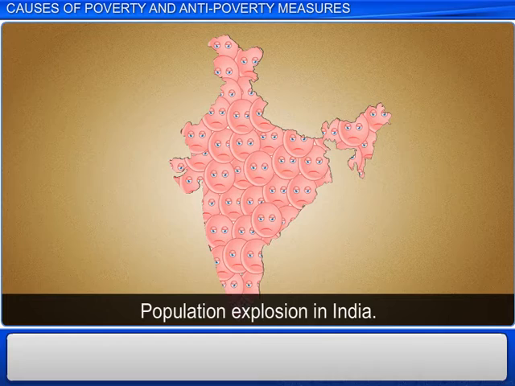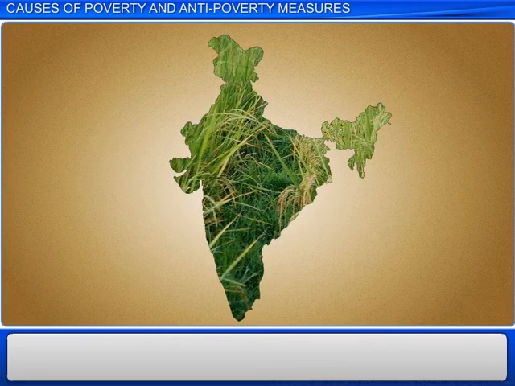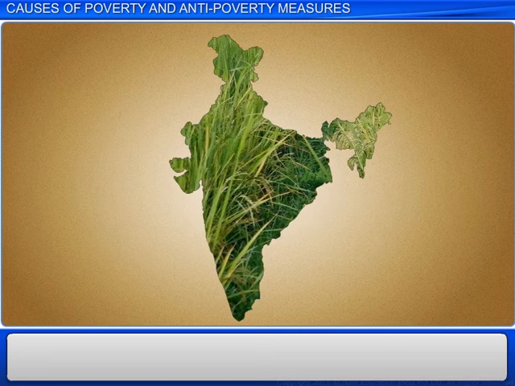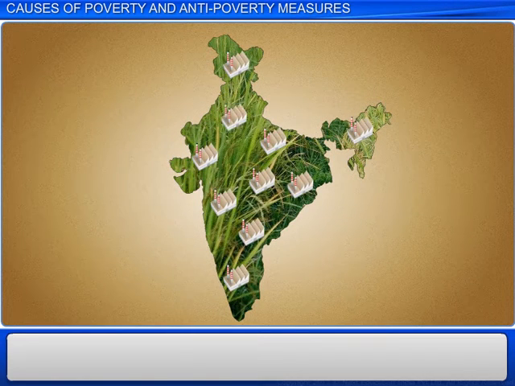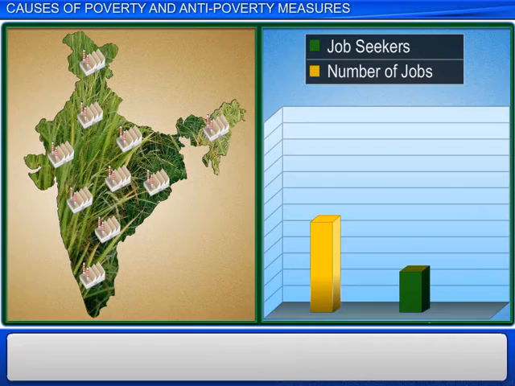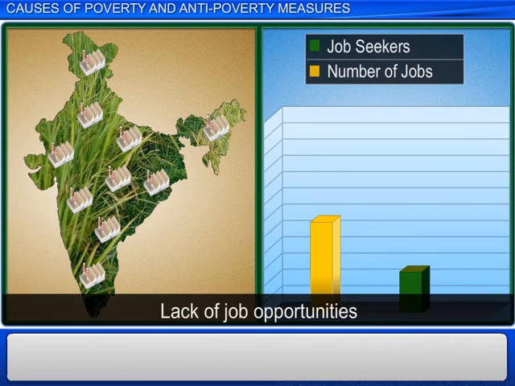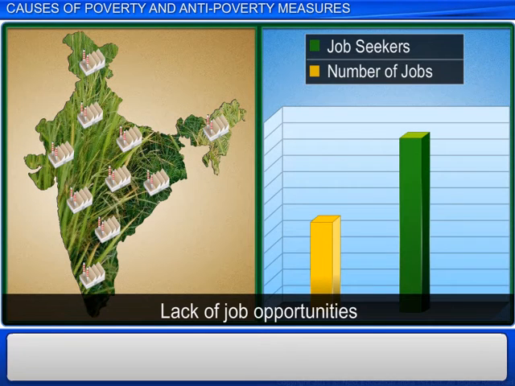Post-independence, the Green Revolution and the Industrial Revolution created many job opportunities in India. However, these were not enough to provide employment to all job seekers. Thus, unemployment also contributed to poverty in India.